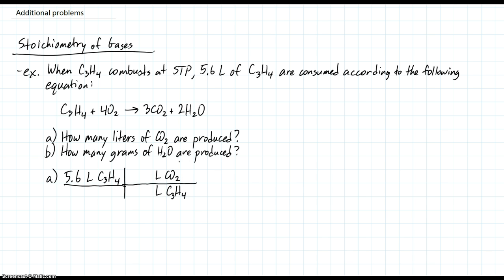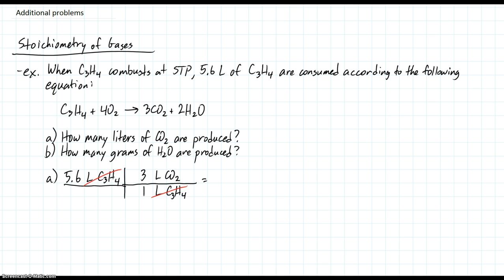And again, the conversion between volumes of two reactants or products in the reaction is exactly the same as the ratio of the numbers of moles of those two substances. So looking at our equation, C3H4 has a coefficient of 1, CO2 has a coefficient of 3. Our units cancel for the liters of C3H4, and so we just get 5.6 times 3.